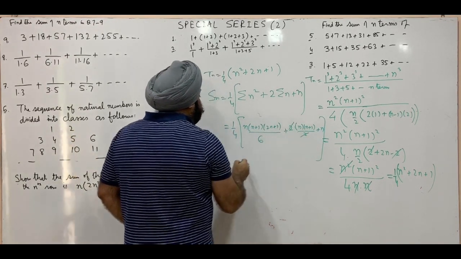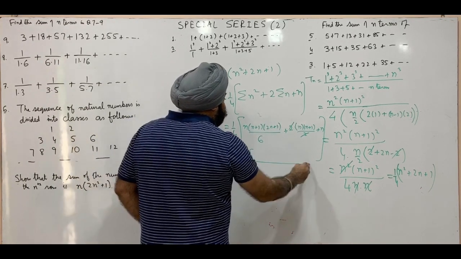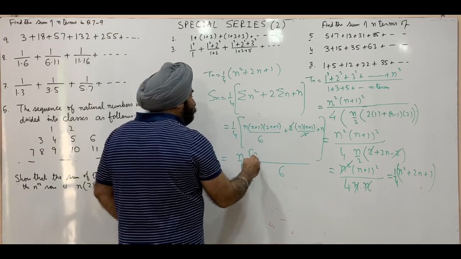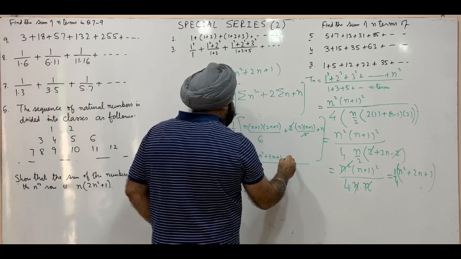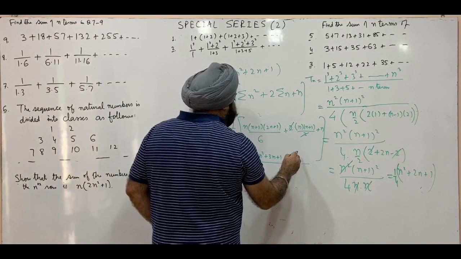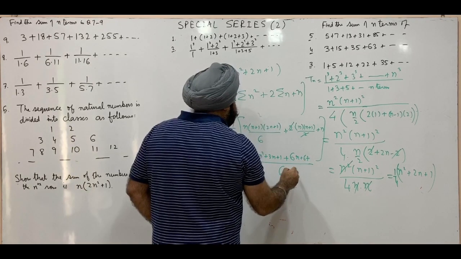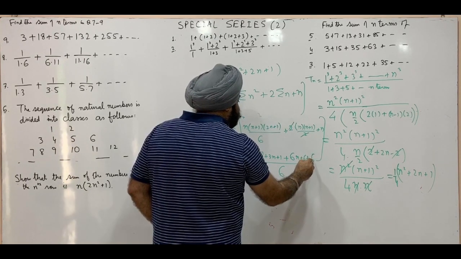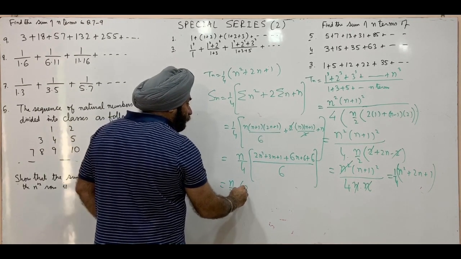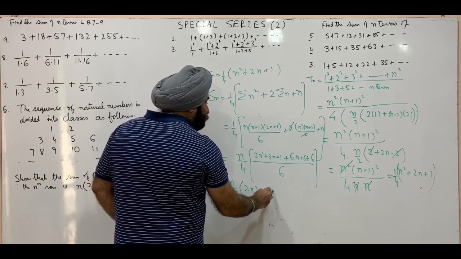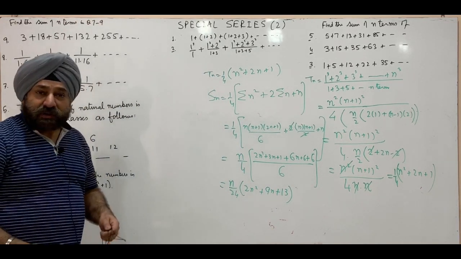This 2 will cancel out, take n common, this is n by 4, take 6 as LCM, 2n square plus 3n plus 1, plus 6 into n plus 1, that is 6n plus 6, and next plus 6 with n outside. This is n by 24, 2n square plus 9n plus 30 hmm, so this is the sum of n terms of the series.